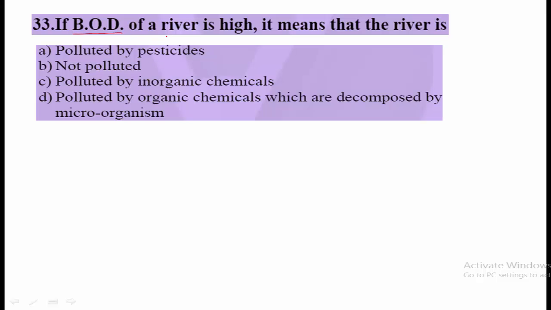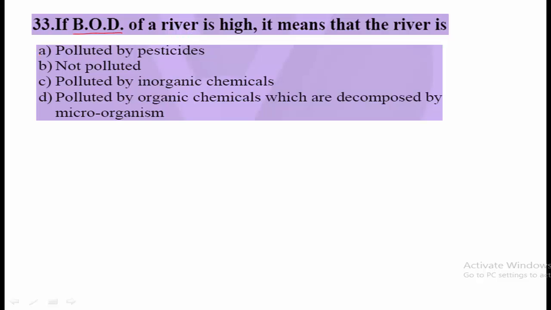Now, if BOD of a river is high, that means more amount of oxygen is required to decompose organic chemicals, because more amount of organic chemicals are dissolved in that water. So in order to decompose them, the microorganisms require more and more oxygen.